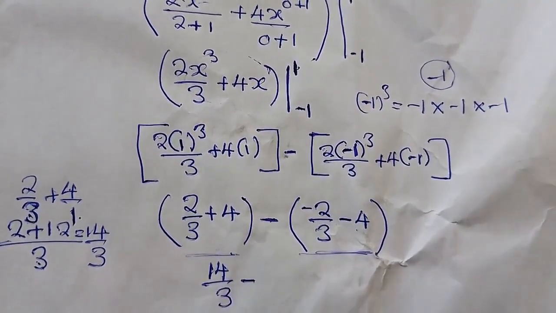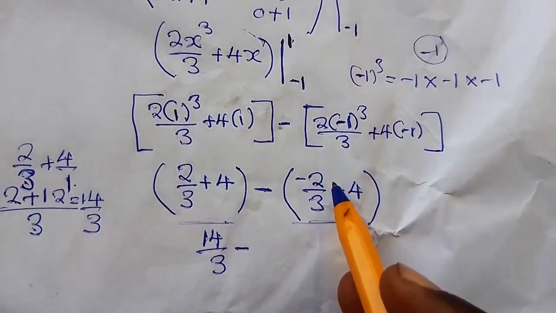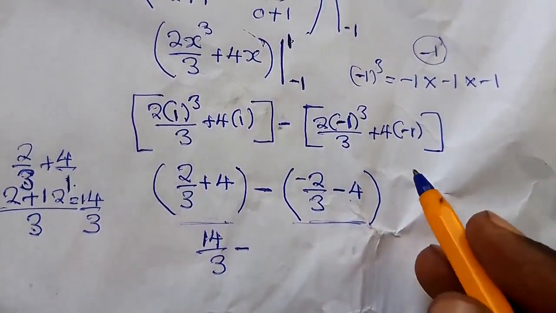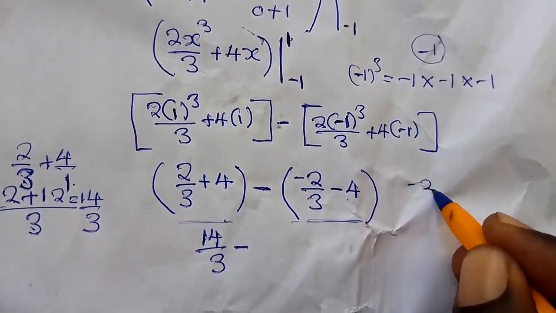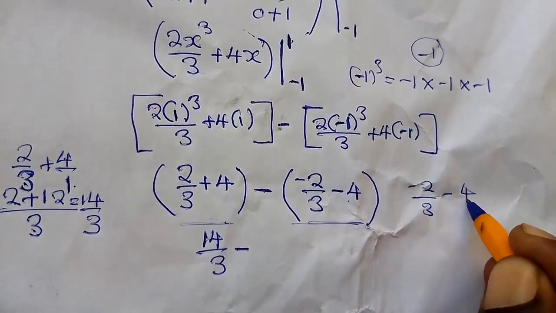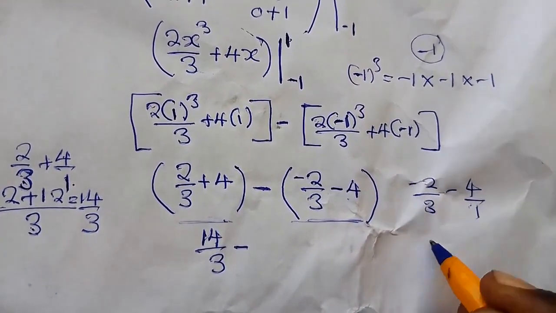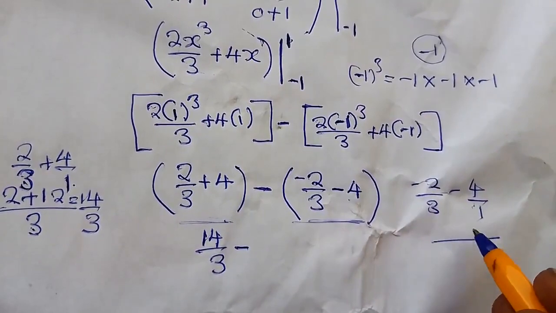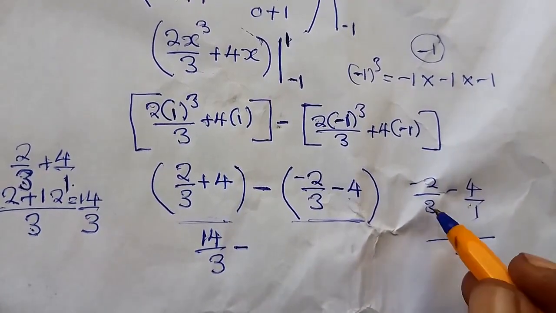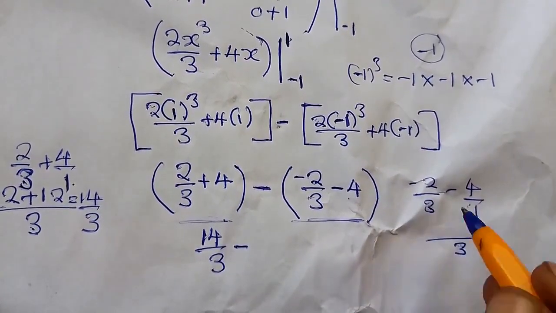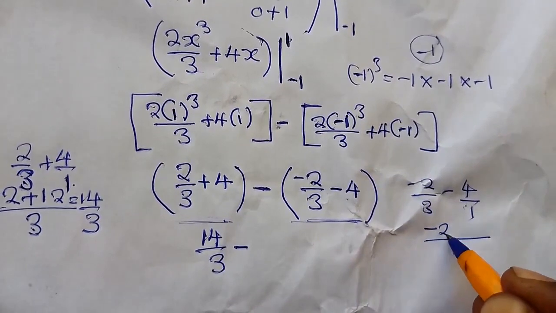You say minus. You work out this one now. How can we work out that one? That's negative 2 over 3 minus 4 over 1. Then you do this. The common denominator there is 3. 3 into 3 is 1, 1 times negative 2 is negative 2.